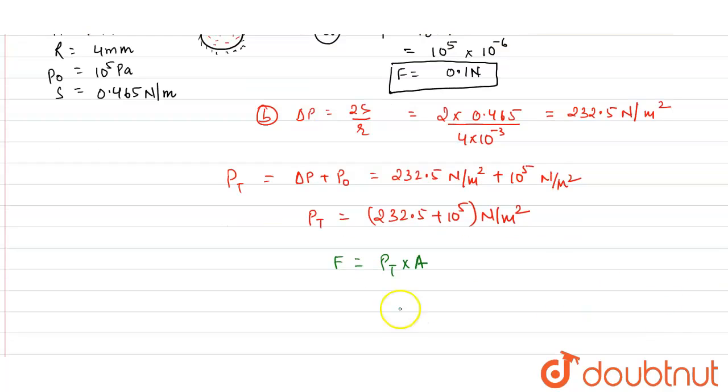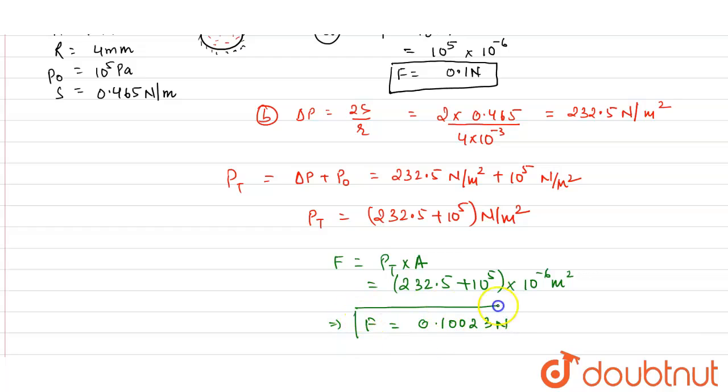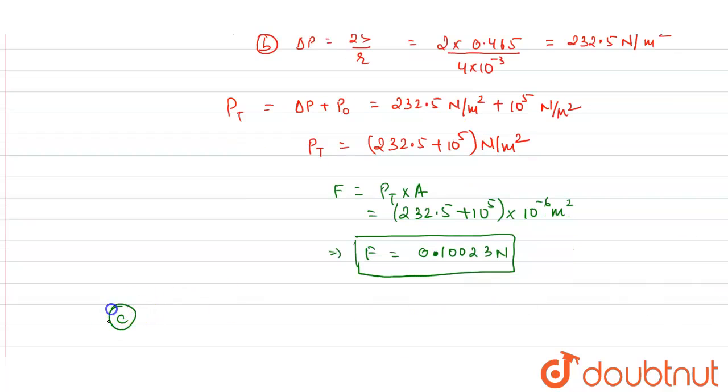The total pressure is 232.5 plus 10 raised to power 5, and the area is 1 mm square, or 10 raised to power minus 6 meter square. So the force exerted by the mercury below it comes as 0.10023 newtons.